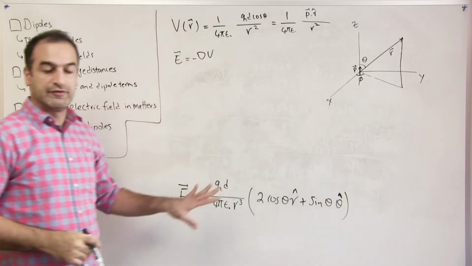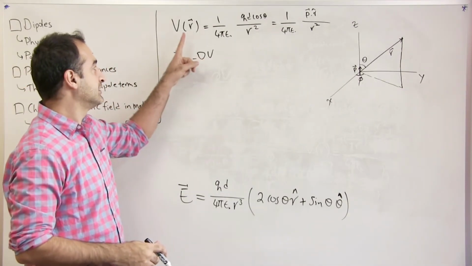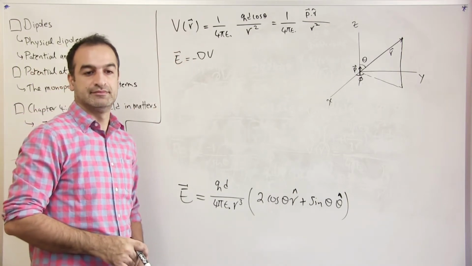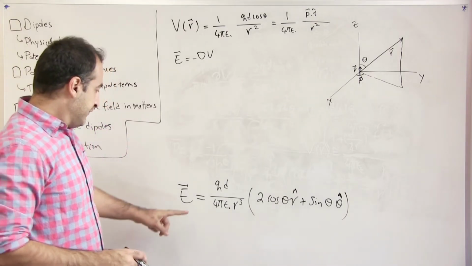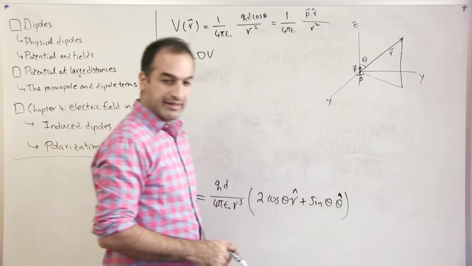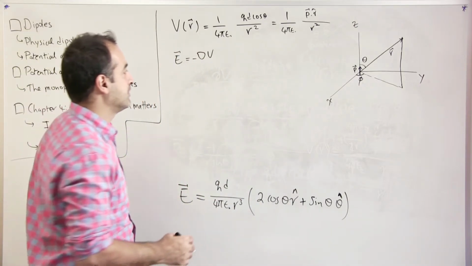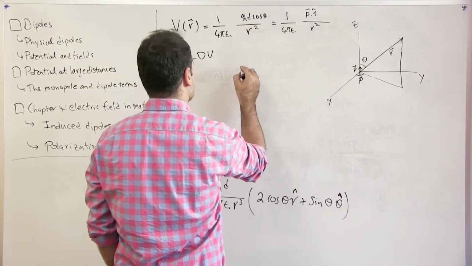All this stuff is for dipoles, yes. So what we did first, we calculated electric potential, and now we calculated electric field. If you look at E, it's in the direction of r hat and theta hat only, there's no phi dependence. So I want to plot this in the ZY plane.